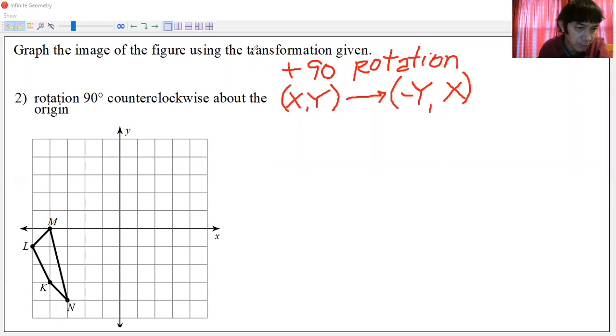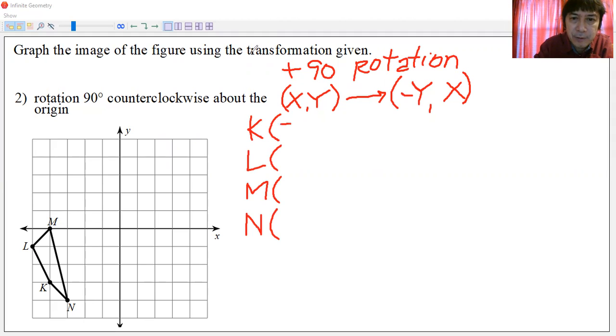We still have K, L, M, N, alphabetized. These are the coordinates for these points. We start with K, that's -4, -3. Point L is -5, -1. Point M is -4, 0.